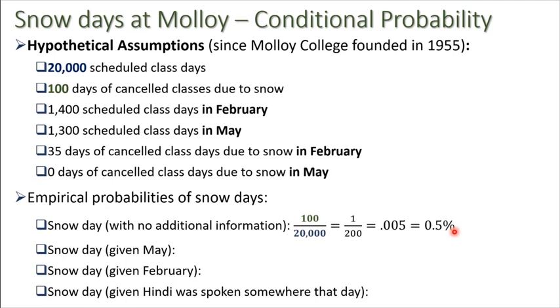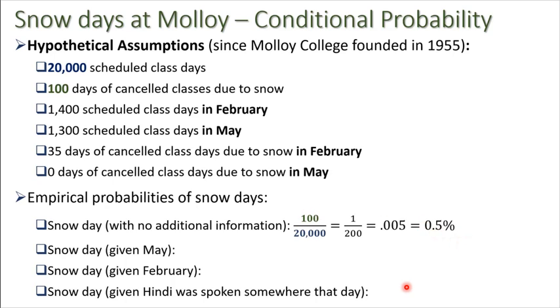Another way of looking at this is there were 20,000 trials or 20,000 opportunities for there to be a snow day, and 100 of them were canceled due to snow. So we would say the probability that it would be canceled from that standpoint would be, again, 0.5%.